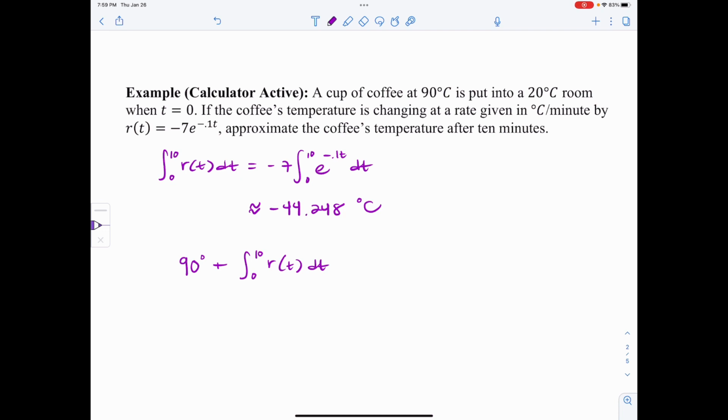You could also write that as 90 degrees minus 7 times the definite integral. You could have just typed that all in. So I'm just adding 90 to that value, and we get approximately 45.752 degrees Celsius.